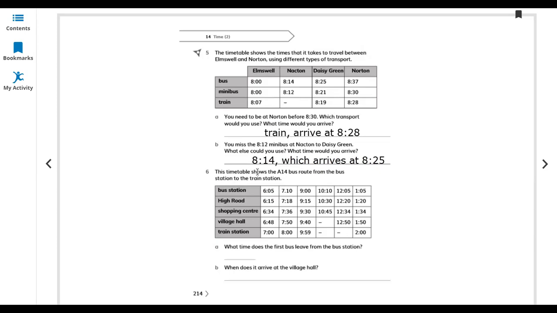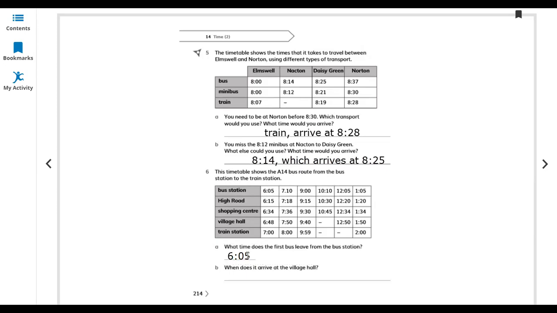Question 6. The timetable shows the A14 bus route from the bus station to the train station. What time does the first bus leave from the bus station? So the first bus, from the bus station, this is the first bus in the morning.